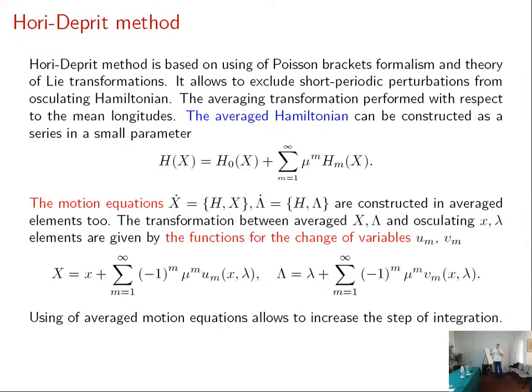The averaging transformation is performed with respect to the mean longitudes, and the averaged Hamiltonian can be constructed as a series in the small parameter. The motion equations are constructed in averaged elements. The transformation between averaged and oscillating elements is given by the functions for the change of variables. Using averaged motion equations allows substantially increasing the time step of the integration.